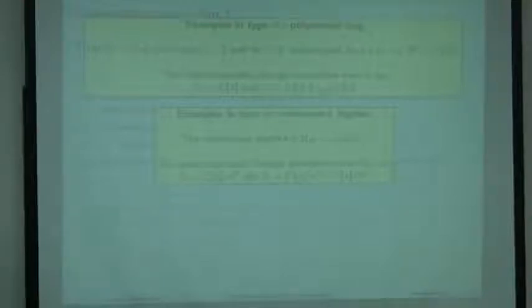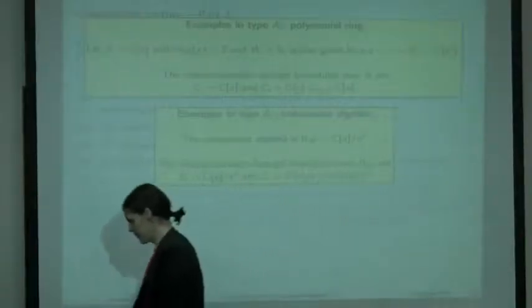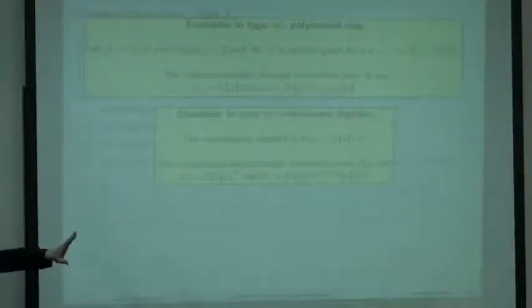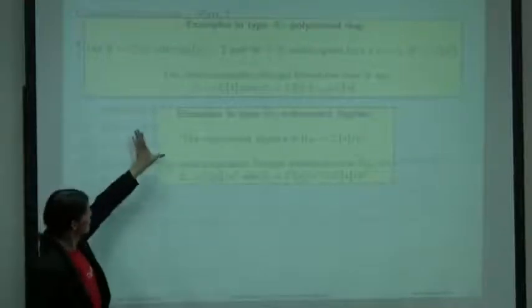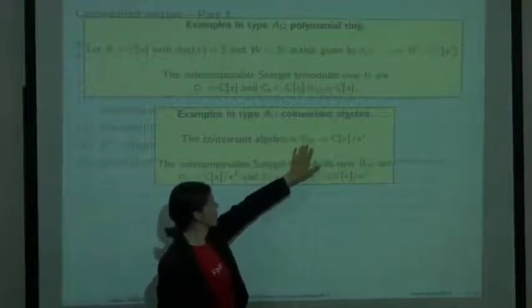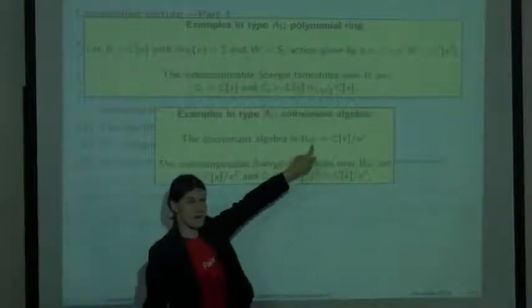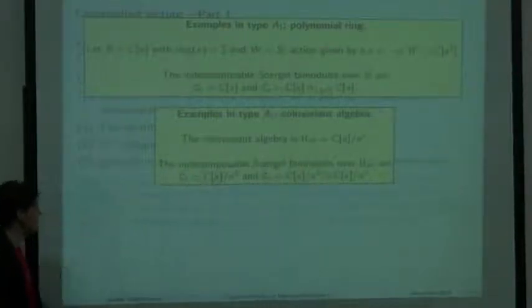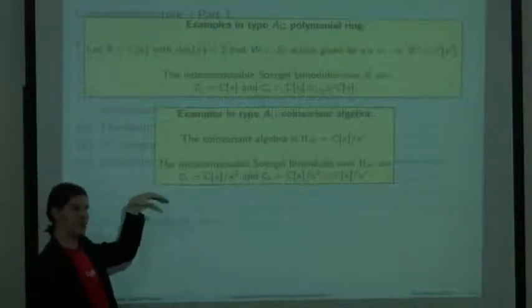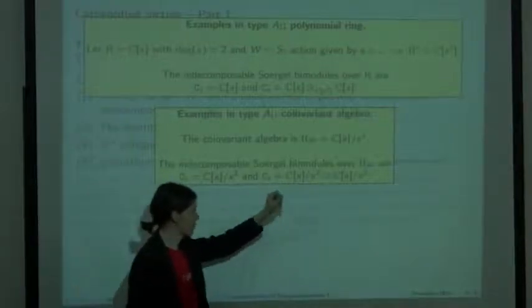So one categorifies 1, and the other one categorifies Cs, of course. And you can play the same game with the coinvariant algebra, which was Soergel's original one. Later we will see that we really want to do it. In this case, it's not a big difference. Just instead of putting the polynomial ring here, you put the coinvariant algebra, which is always finite dimensional if W is a finite Coxeter group. And then what will happen is that Hom spaces will be finite dimensional. It's something that we want later for the categorified picture. But this is how the Soergel bimodules will look like.